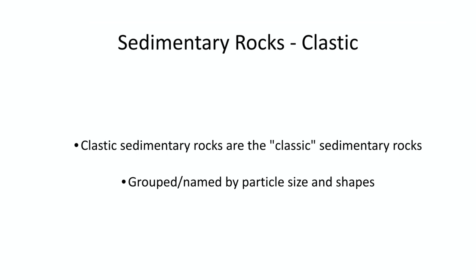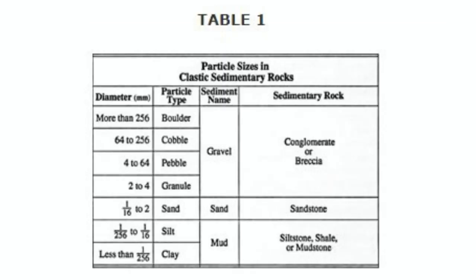Once we have gone through those 5 steps, we can group or name them by the size and shape of their sediments. If the sediments were gravel, boulders, cobbles, pebbles, or granules, we will call that either conglomerate or breccia, depending on the shape of the gravel.